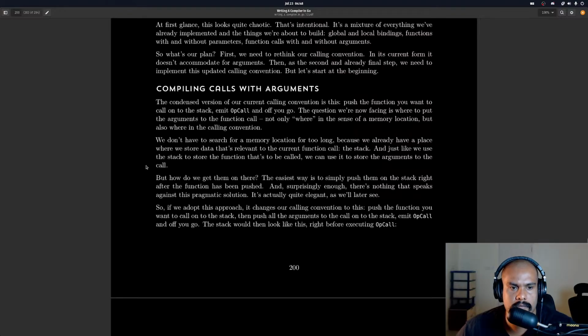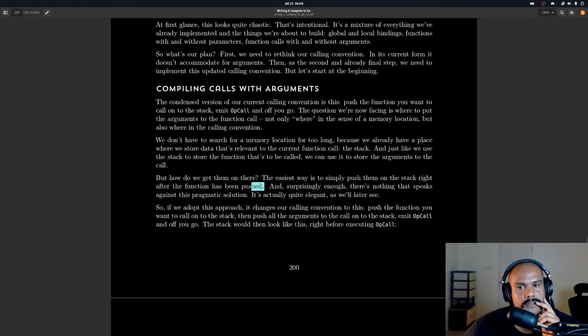And just like we use the stack to store, but there is one problem. Accessing these. So they would go before local bindings, or after. You can use it to store the arguments to the call. Why after?